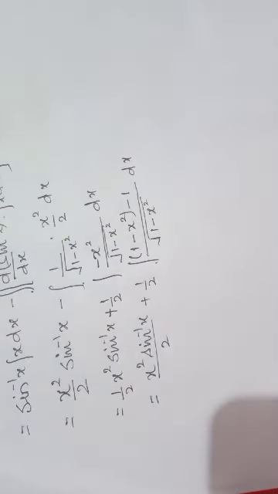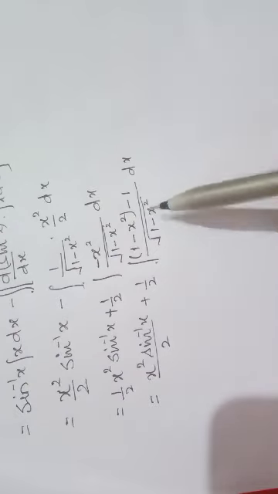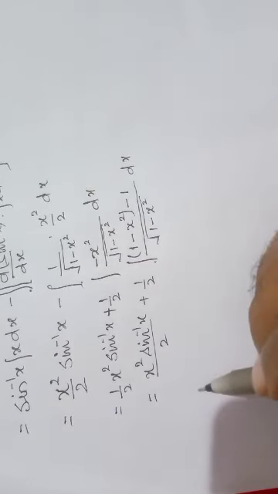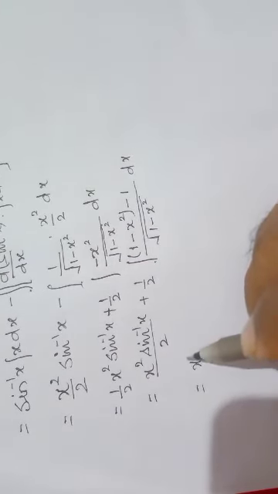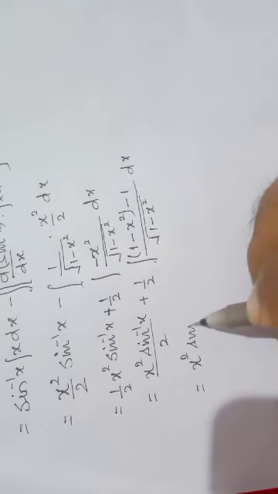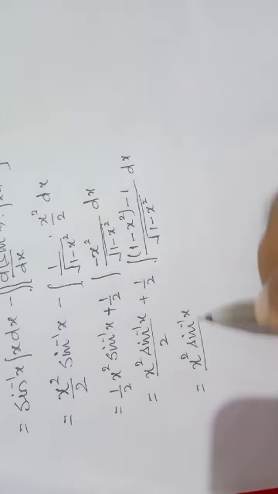Now separate it into two integrals. This is x square sine inverse x by 2.